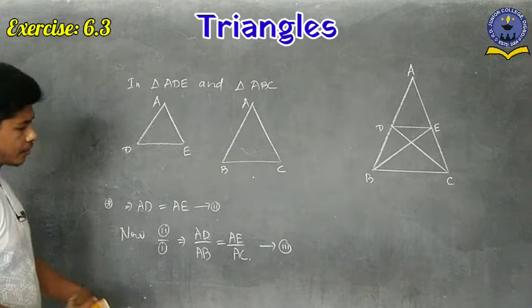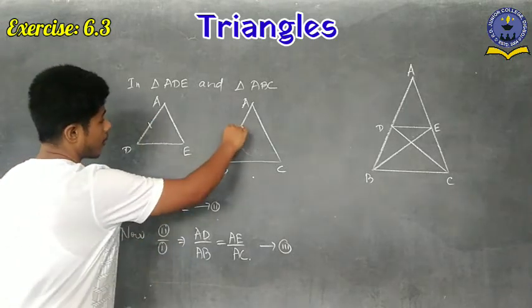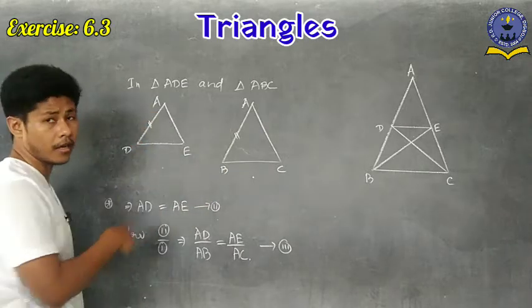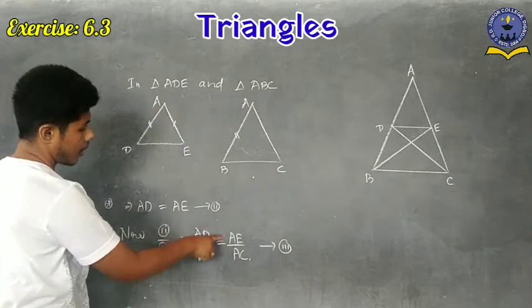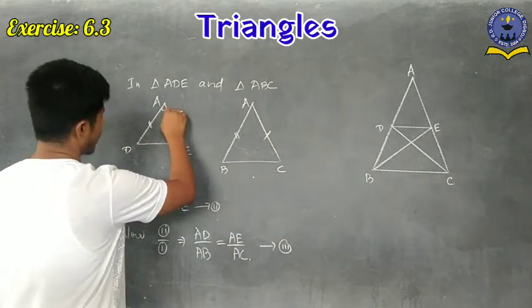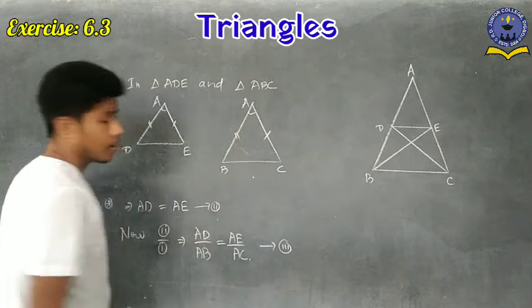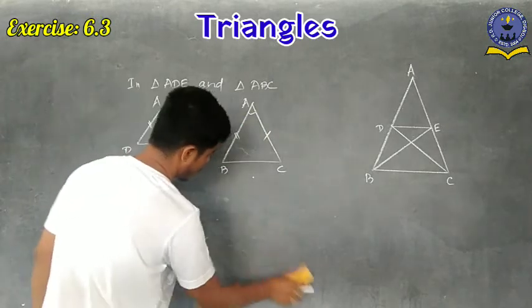Now if you see the ratio here, we get AD by AB as well as AE by AC. And in both the triangles, angle A is common.